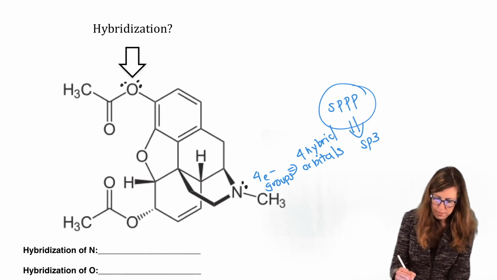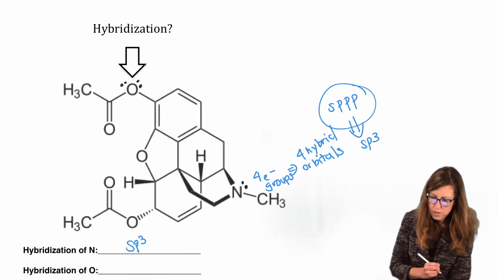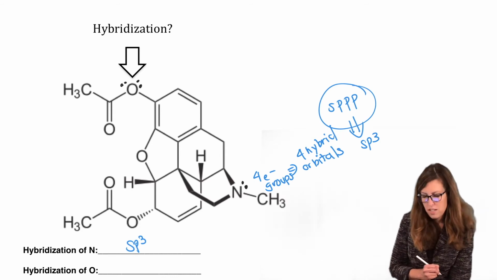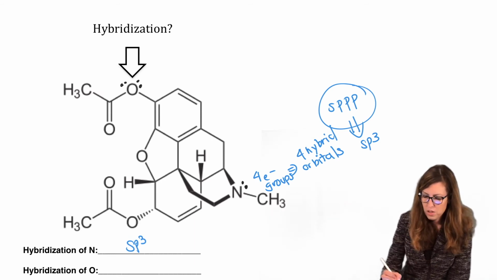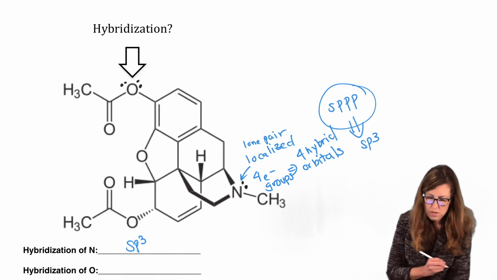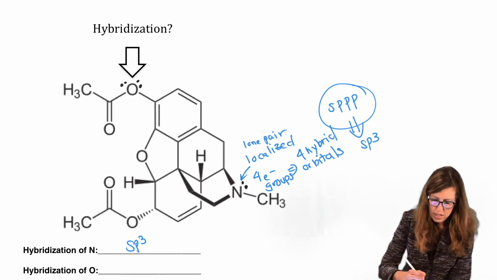Okay, so sp3. Is it conjugated to anything? No, there's no pi bonds nearby. That's like the simple 211 case. It did come up now and then in 211. What happens if you can delocalize them? This is a localized lone pair. Just for good measure, I've thrown in an example where it can be delocalized. Notice that this lone pair is adjacent to a pi bond.